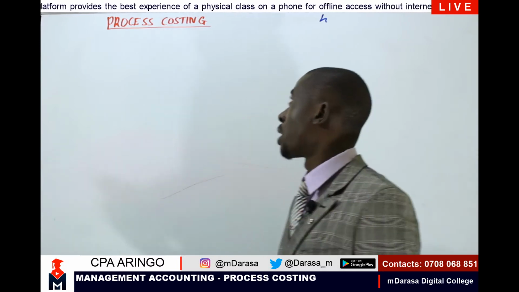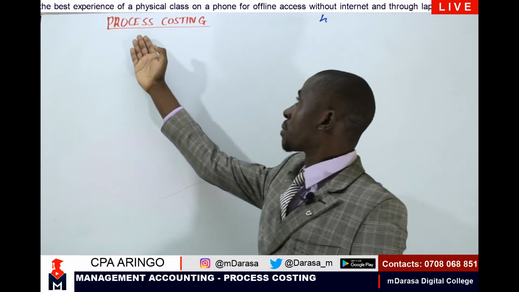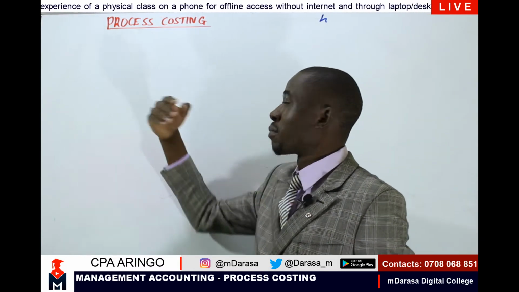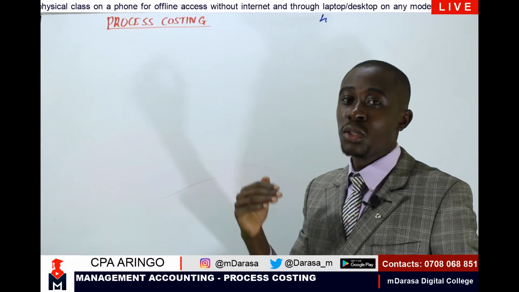Whenever we are looking at process costing, just as the word suggests, the aspect of process means that for me to arrive at our final product, this product will undergo several stages. And these stages are what you call processes. It's a type of product costing technique whereby the product involved should undergo various processes.